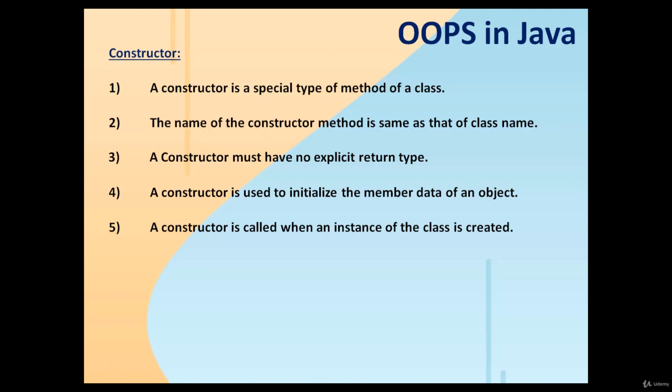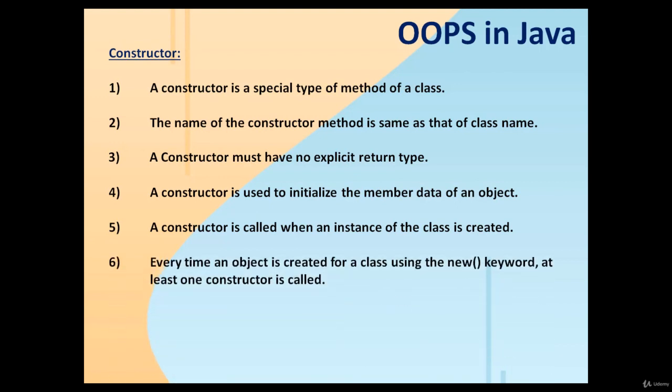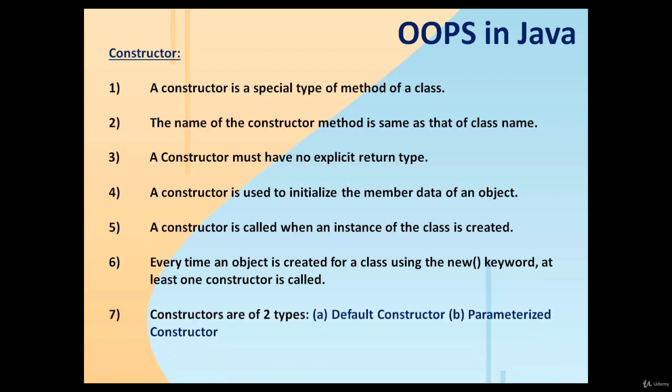But a constructor is called when an object or an instance of a class is created. Whenever you create an object of a class using the new keyword, at least one constructor is called. There may be a possibility that two constructors get called through constructor chaining, but for sure, one constructor will get executed at any cost.